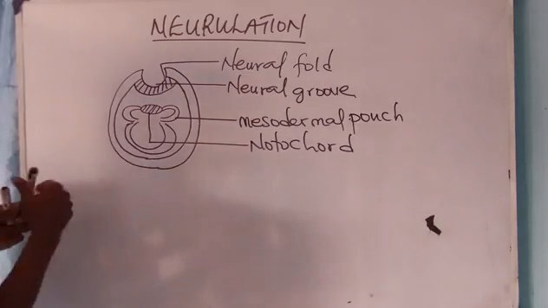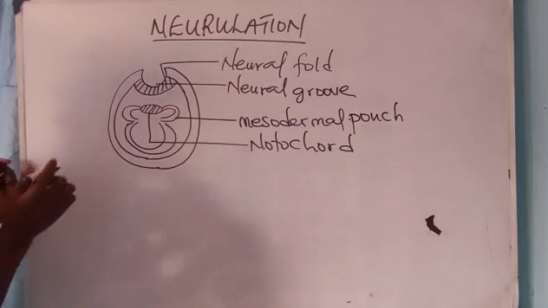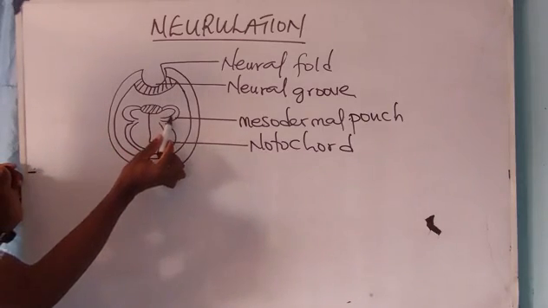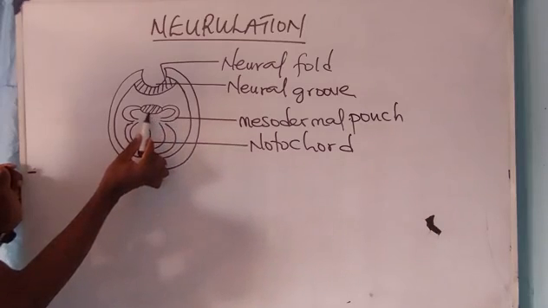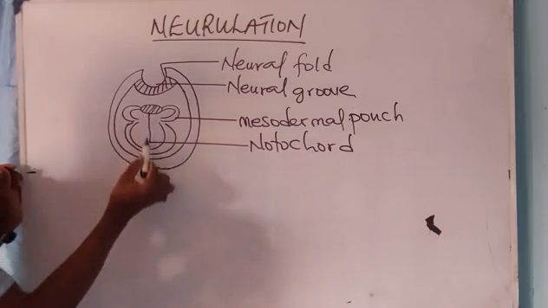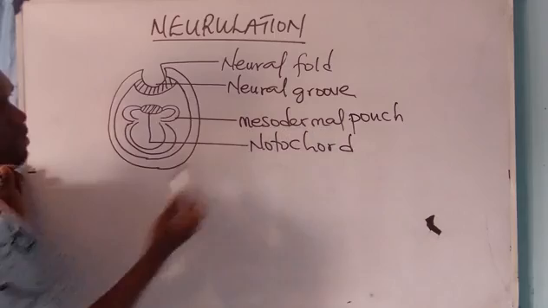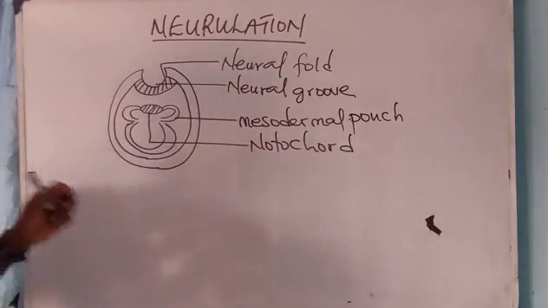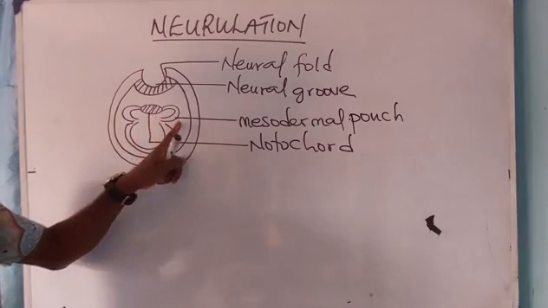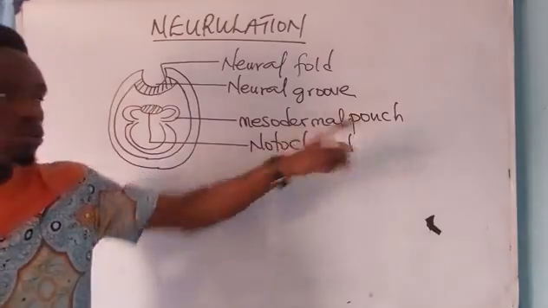You can see the pouch just by the side of the notochord. You call it the mesodermal pouch. You see, you have the notochord region, and this arm is called the mesodermal pouch.